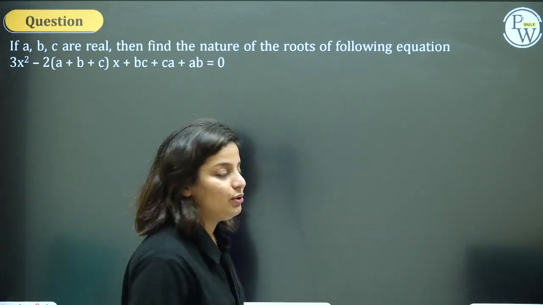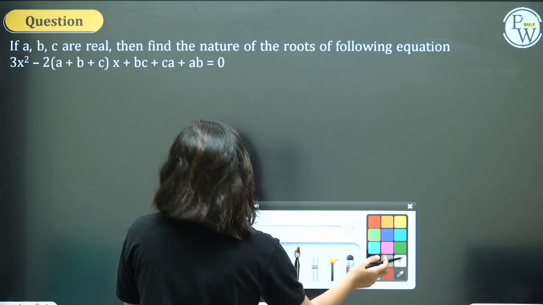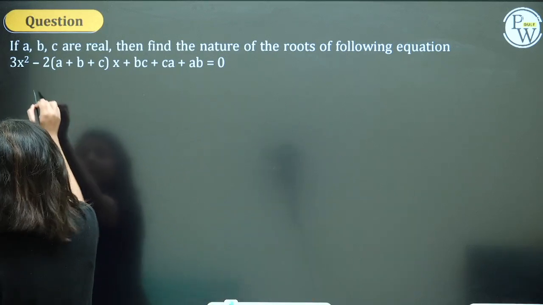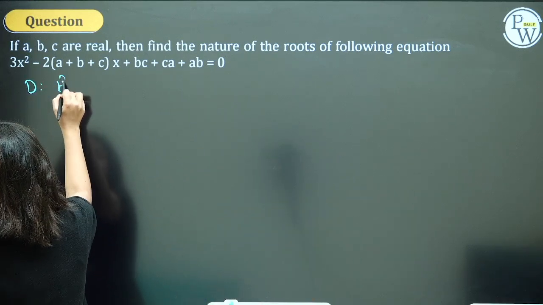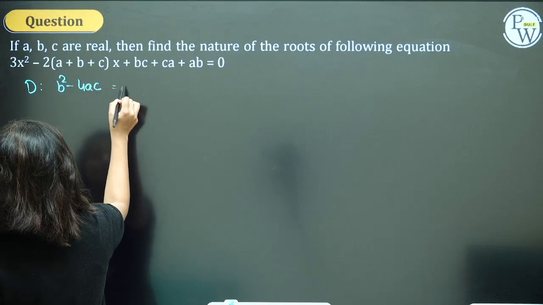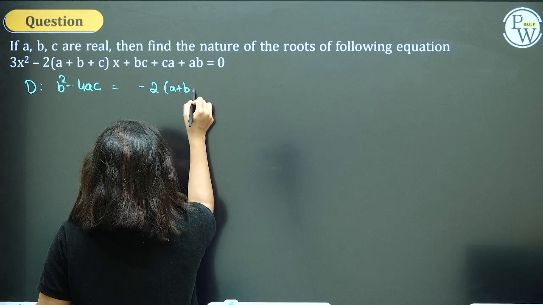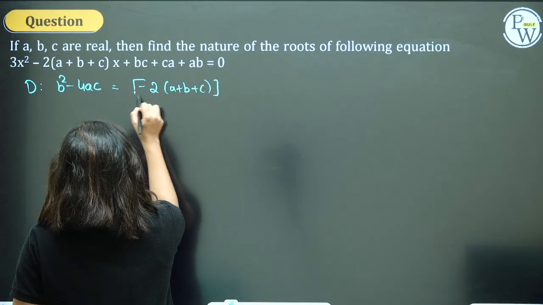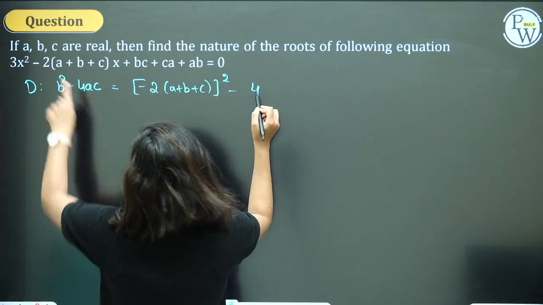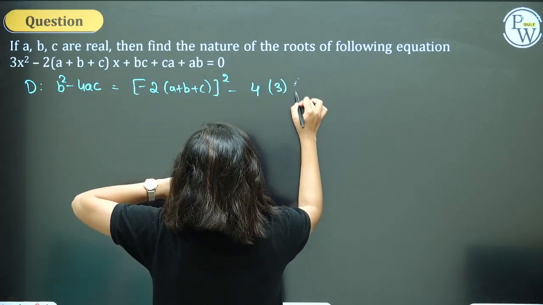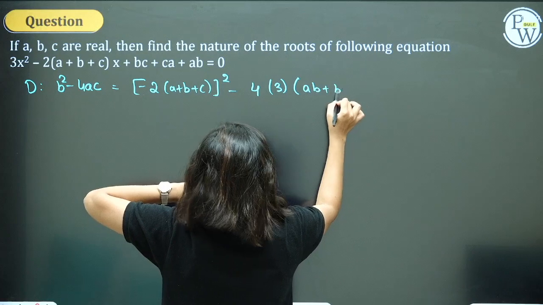Let's go for calculating the discriminant. What say, guys? Shall we calculate the discriminant? All of you ready? B square minus 4ac. B square is minus 2 times a plus b plus c, the whole square, minus 4, a is 3 and c is this entire constant term, ab plus bc plus ac.